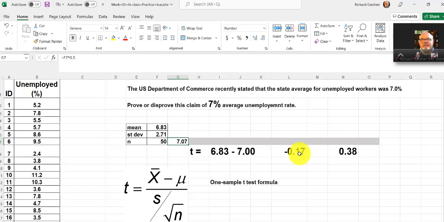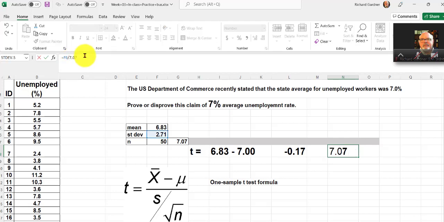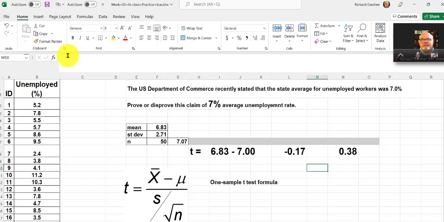So now I'm going to divide these two. Well, actually, let's get the right number. Okay, so it comes out to be the same. And now we divide them. I pick this empty cell. I hit the equal sign, and I say I want the top number divided by the bottom number. And that gives me the t-test statistic.